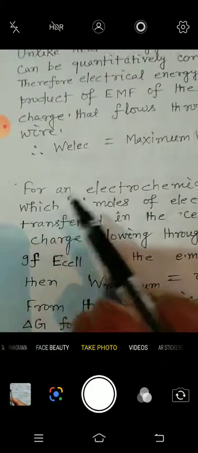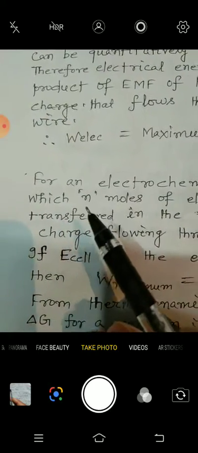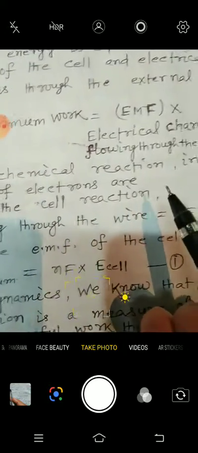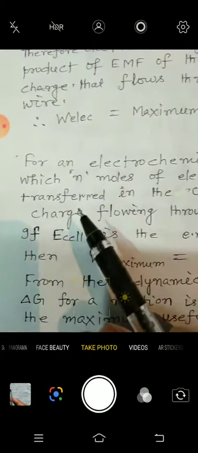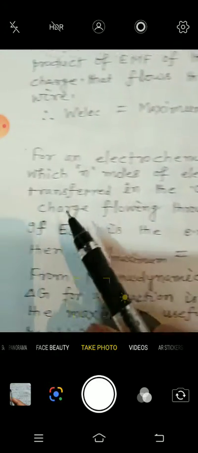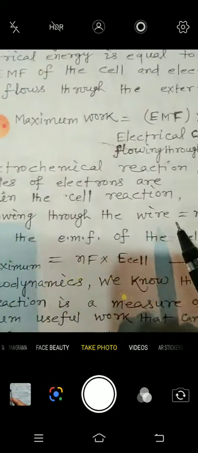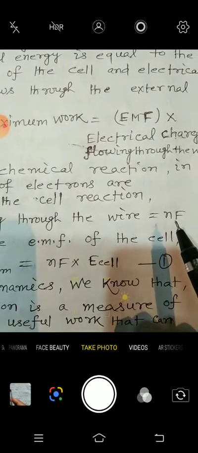For an electrochemical reaction in which n moles of electrons are transferred in the cell reaction, the charge flowing through the wire is equal to nF.